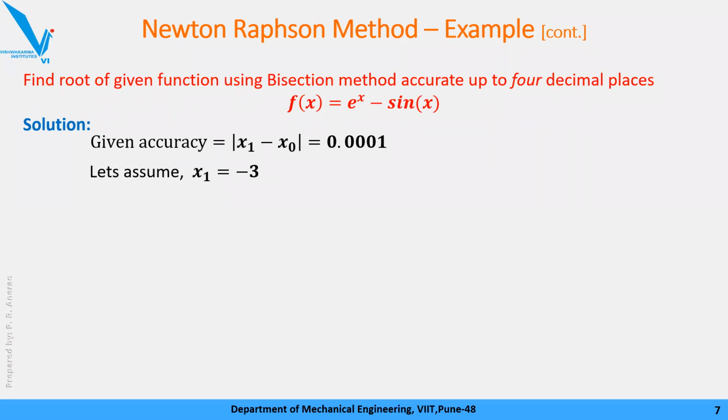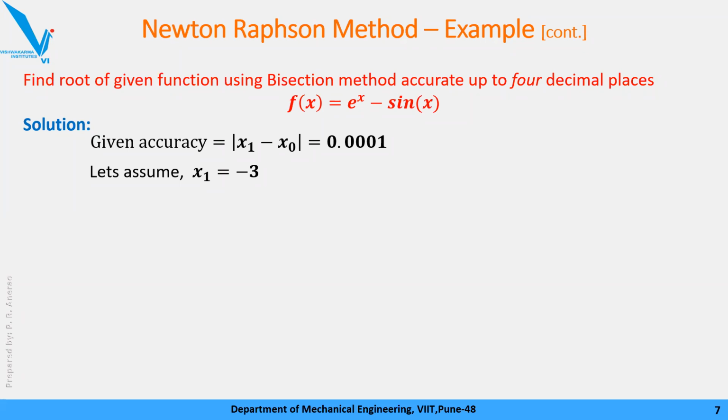Now all students, please make a note of this point. If the problem statement already has an initial guess given, do not check for convergence. It is not expected to check the convergence criteria. You have the given x1, you have to work with that one only.